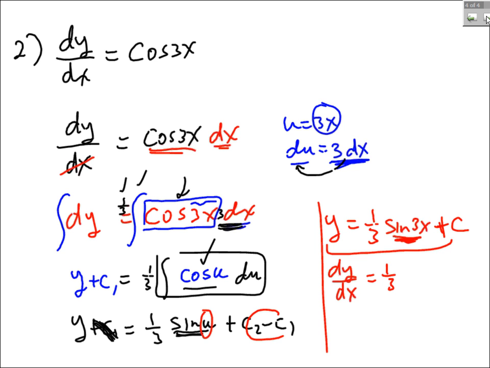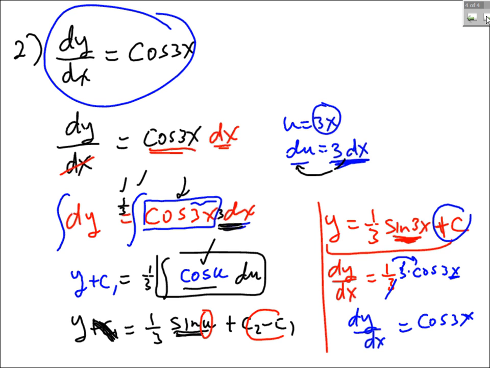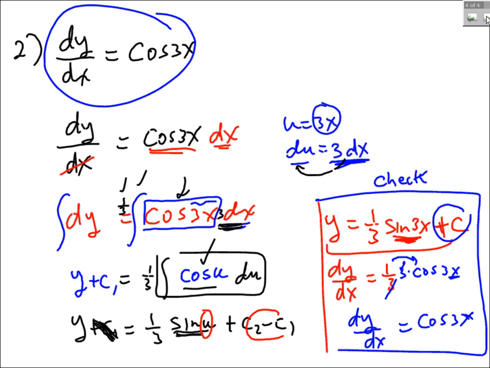The derivative of sine of any angle is cosine of that same angle times the derivative of the angle, which is 3, plus the derivative of c is 0. These cancel out as 1, and 1 times cosine of 3x is cosine of 3x. Exactly what we started with. So there's your check. Just separate them. Everything works out nicely.